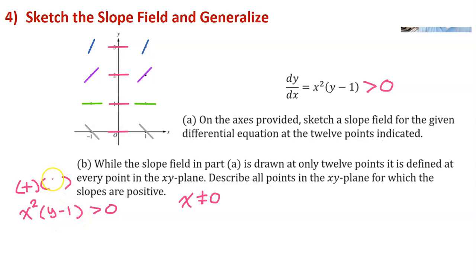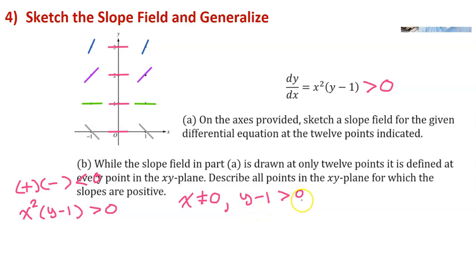If y minus 1 is also positive, then you have a positive times a positive. That's greater than 0. If y minus 1 is negative, then you have a positive times a negative. That's less than 0. So we need two things to happen. We need x to not equal 0, and we need y minus 1 to be positive.